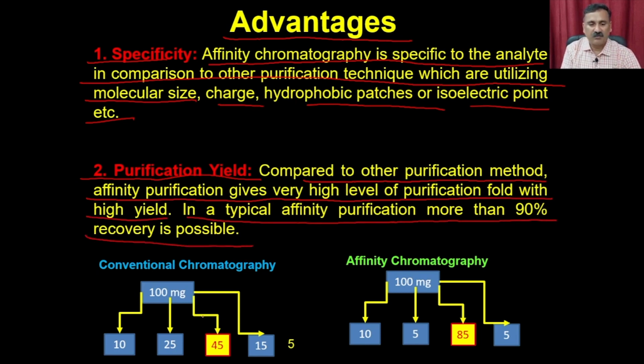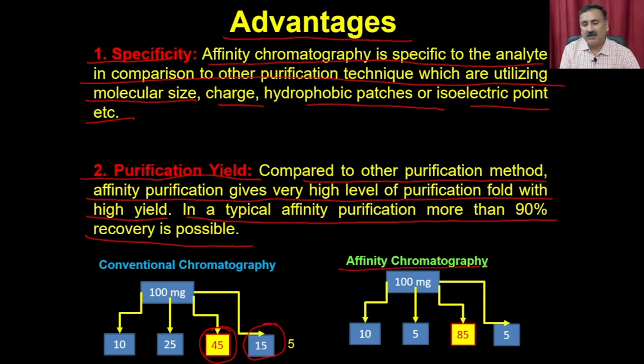So this is the conventional chromatography. If you started with 100 milligrams of protein, it could be possible that after the first purification you have 10 milligrams in one fraction, 25 milligrams in the third fraction, 45 milligrams is your protein, and 15 milligrams in the fourth column.